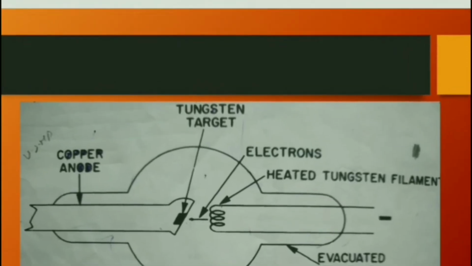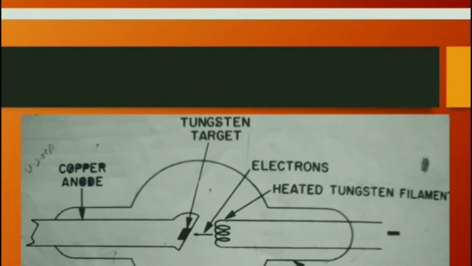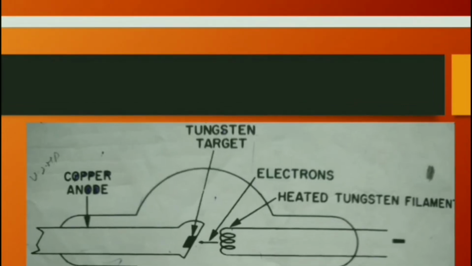Firstly, let me tell you how these X-rays are formed in an X-ray tube. They are formed by the transfer of energy. So energy conversion occurs in the X-ray tube. What is energy conversion? Energy conversion is the transfer of energy. Now the question arises: how does this transfer of energy occur in an X-ray tube?